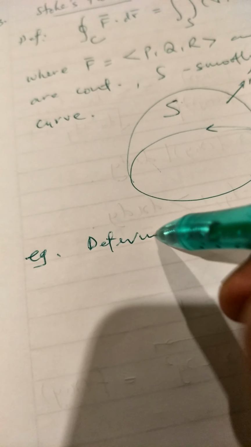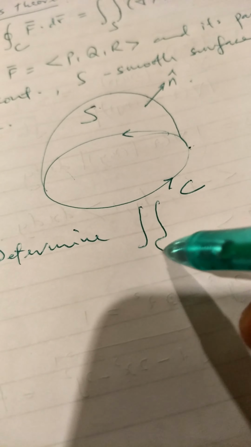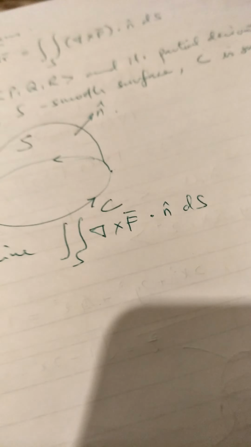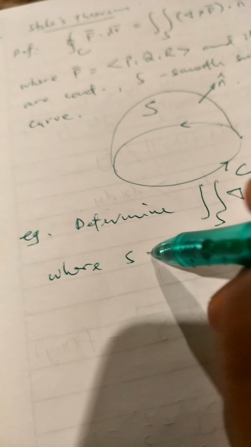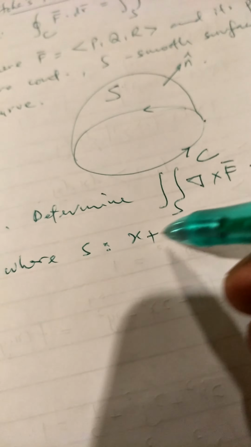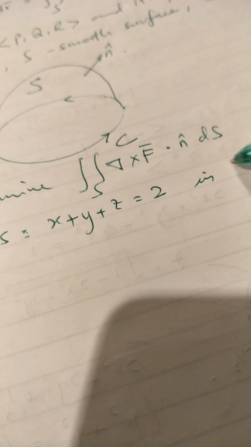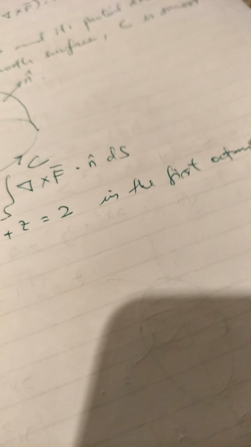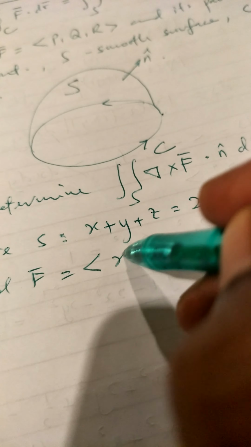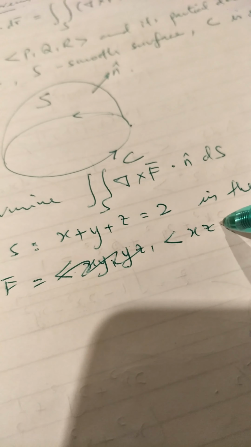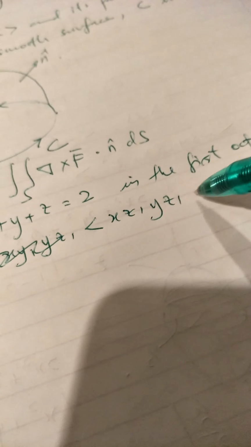Let's say we want to determine the double integral over S of del cross F dot n dS, where S is the surface given by x plus y plus z equal to 2 in the first octant, and F is given as xz, yz, and xy.